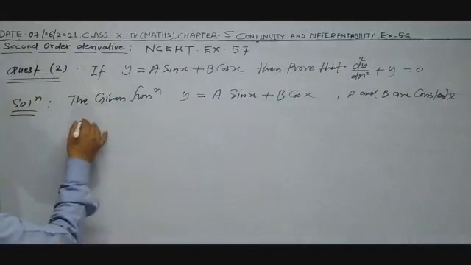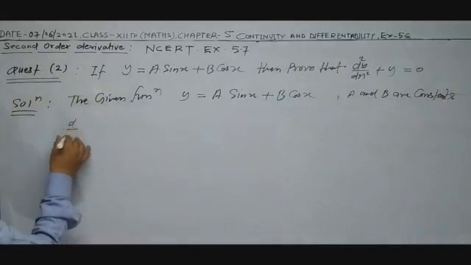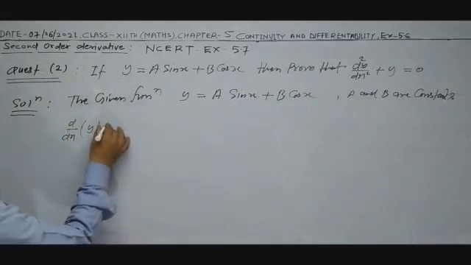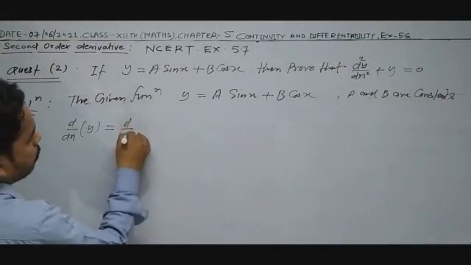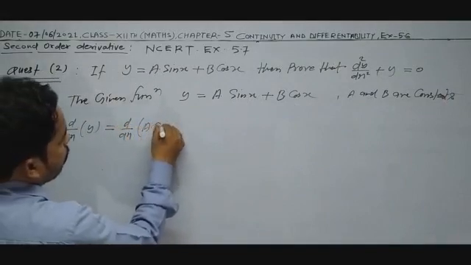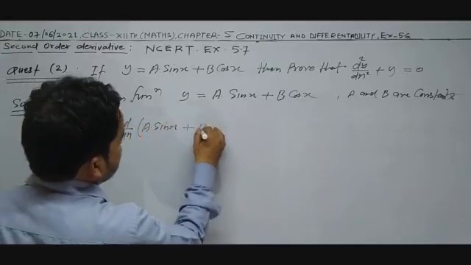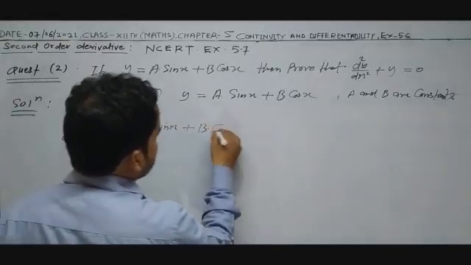So operate d by dx on both sides. The result will be d by dx of a times sin x plus b times cos x.